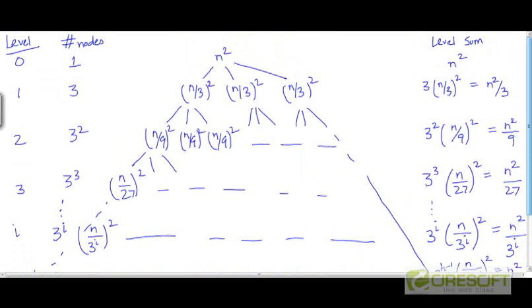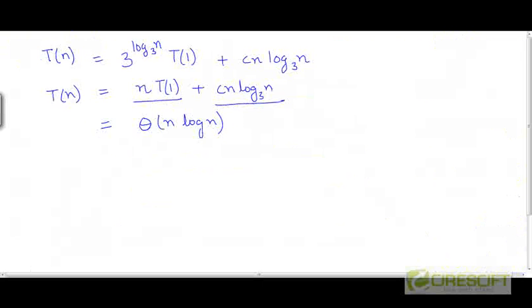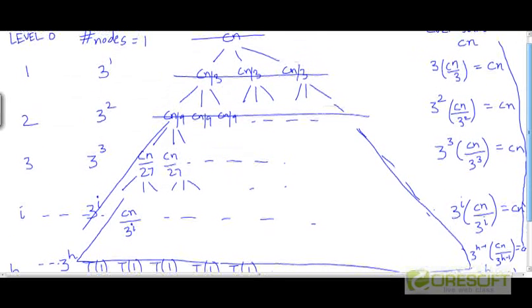The difference between this recursion tree and the recursion tree for the previous problem was that the level sums in the previous problem were the same at each level. Right?